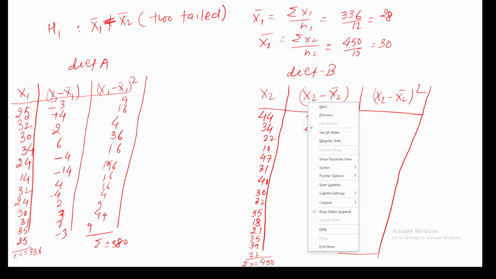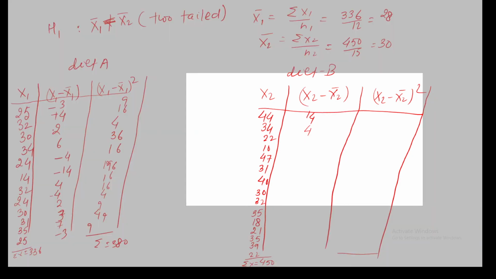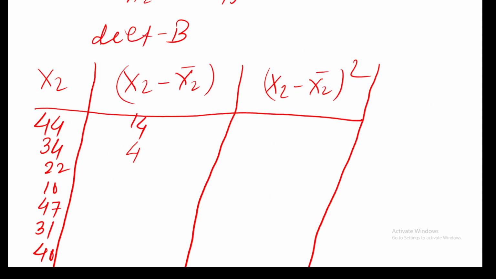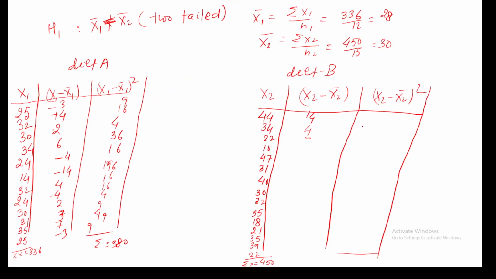14, 4, and then minus 4, -8, -20, 17, 1, this is 10, 0, 2, 5, -12, -9, 5, 9, -8.